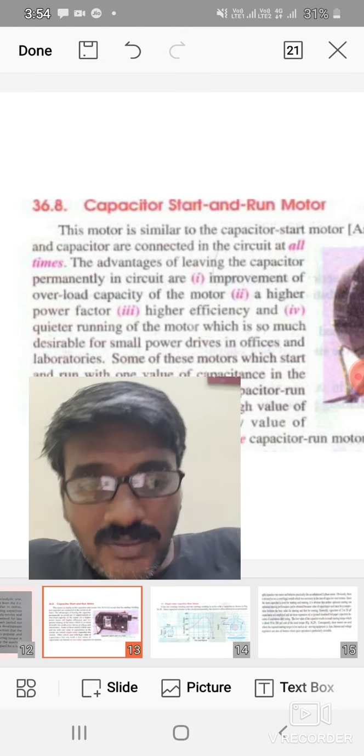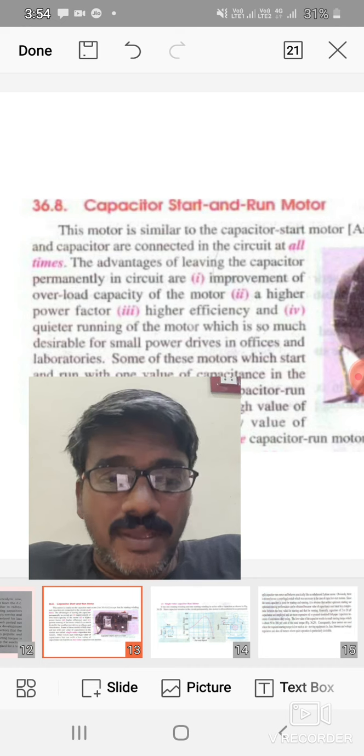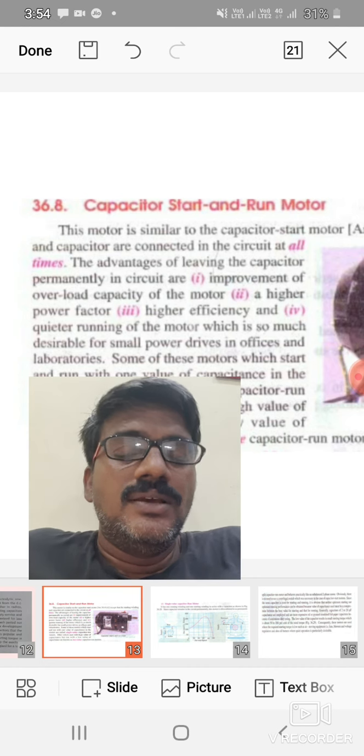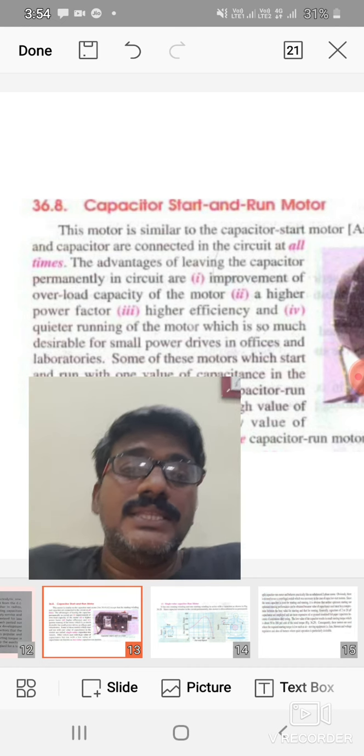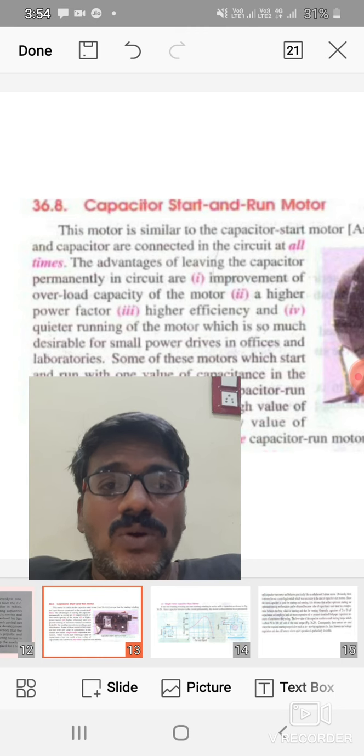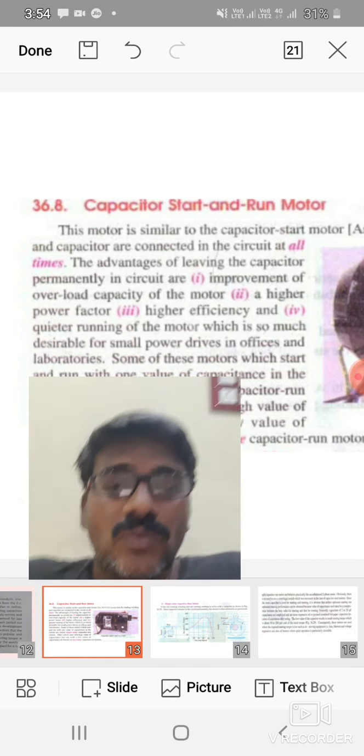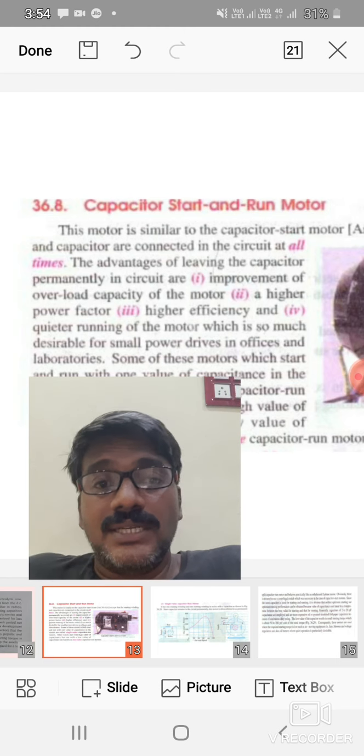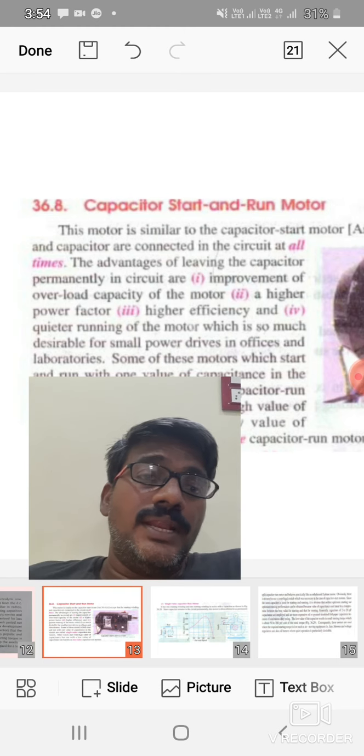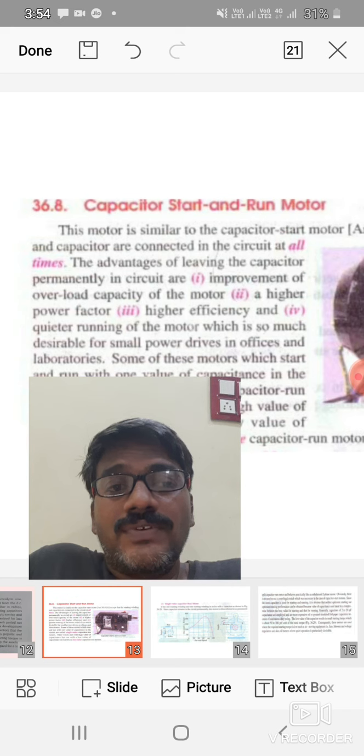In a capacitor start motor, the power factor is very poor, very less, right? But in this case, the power factor is very good, a high power factor. Why? Because the capacitor is connected continuously in the circuit, and efficiency is also higher.